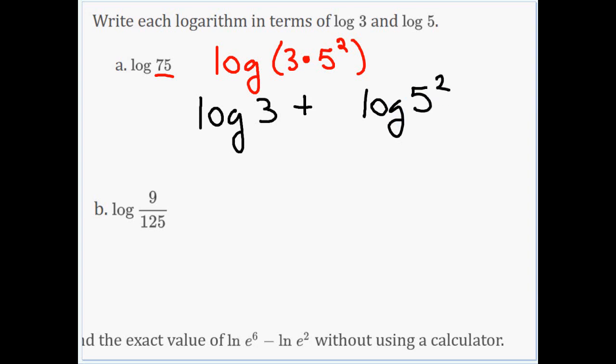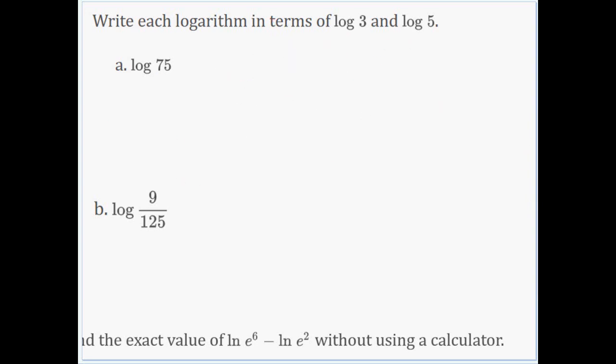And then that final property allows us to bring these exponents, like this 2, down front and make it a coefficient. That's an ugly 2. Let me scribble it out, put a nice 2. There we go. So we've fulfilled the directions. It's written in log 3 and log 5 form.